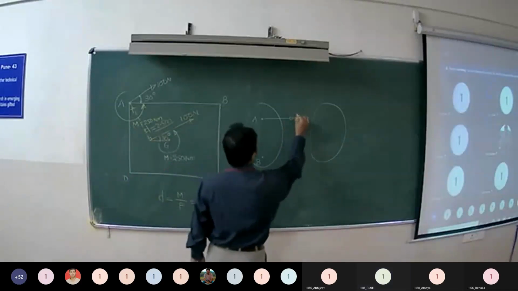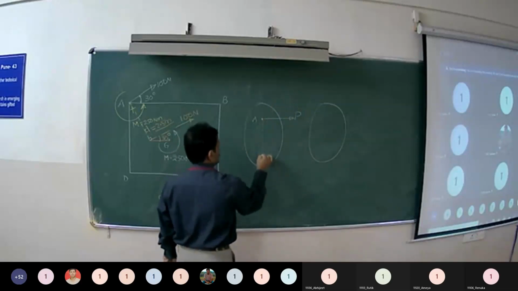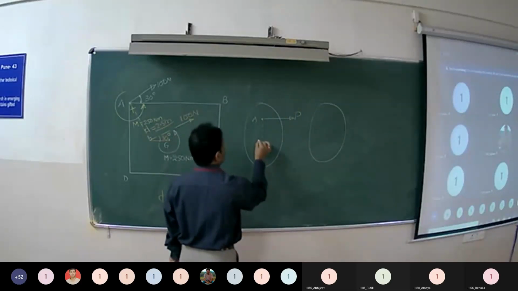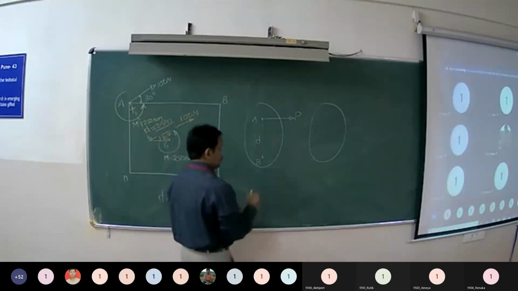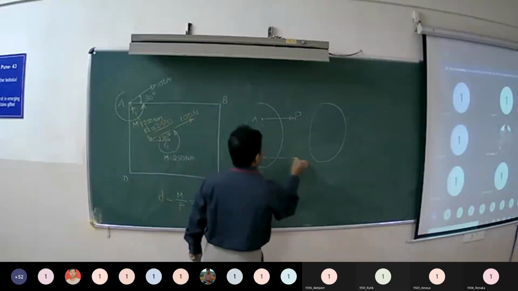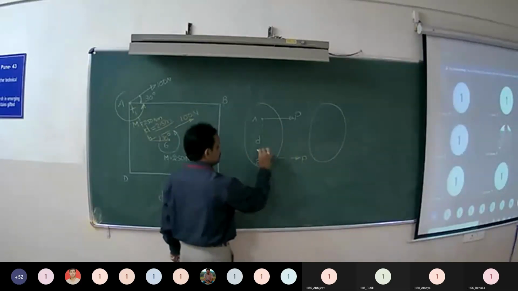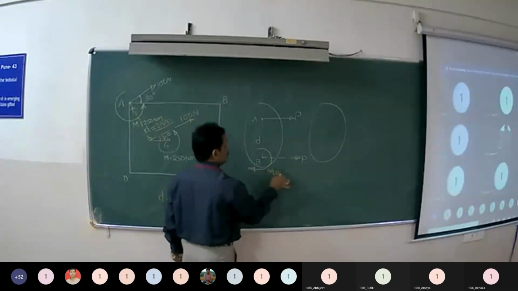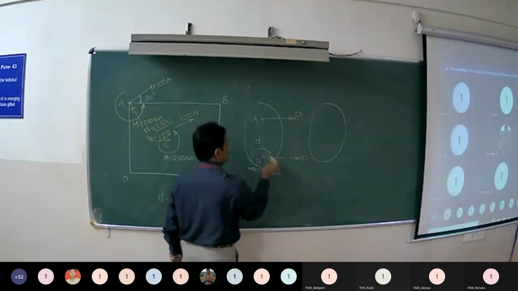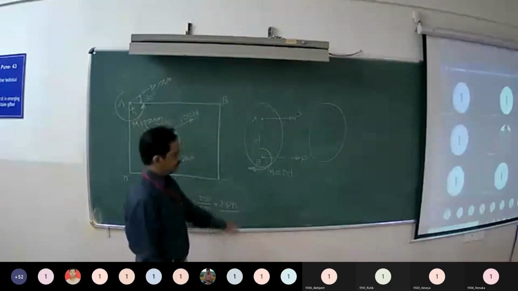See here, force P is acting at point A, which is to be transferred parallelly to point B through distance D. Now, when a force is transferred parallelly from one point to another point, that force is accompanied by a moment or couple whose magnitude is P into D. Is it clear?